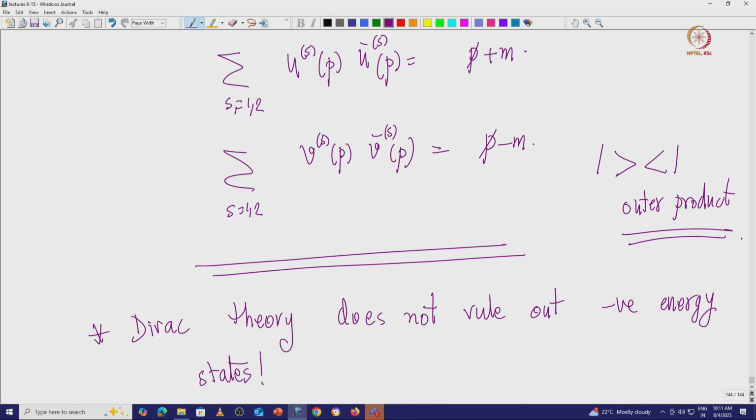This is some sort of a prediction: the moment you use relativistic dispersion relations, it automatically predicts the presence of antiparticles. But before going into further interpretation of Dirac theory and the Dirac hole, we will see some more aspects about the Dirac equation itself.